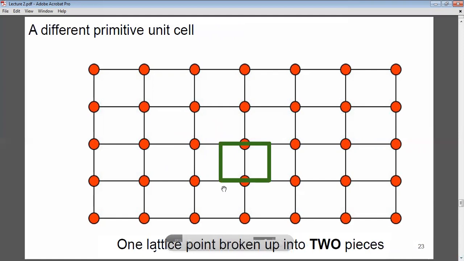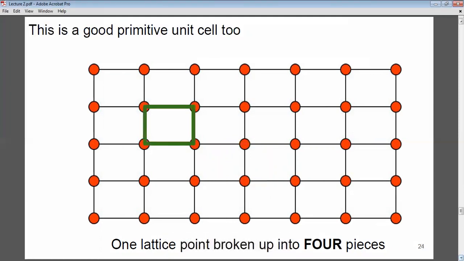This is also a unit cell, because if I draw another one here and another one here, I can stack the whole space. In this case, we also have one lattice point, but it's broken into two pieces. This unit cell contains half of this and half of this, so this is one lattice point. So this is also a primitive unit cell.